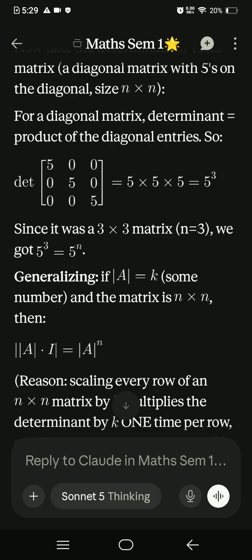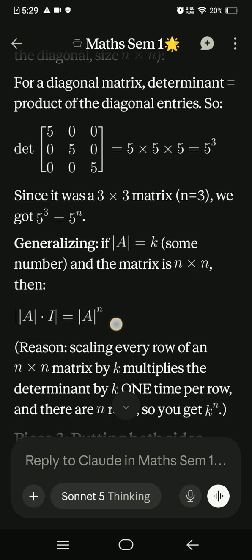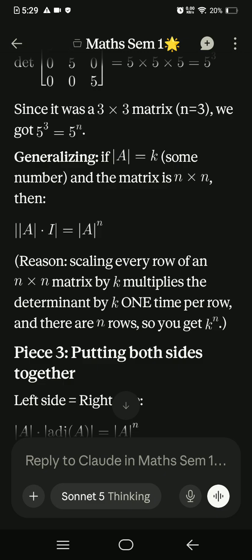Generalizing, if the determinant of a matrix is k, some number, and the matrix is n by n, then the determinant of k times I is k to the n. The reason: scaling every row of an n by n matrix by k multiplies the determinant by k one time per row, and there are n rows, so you get k^n.